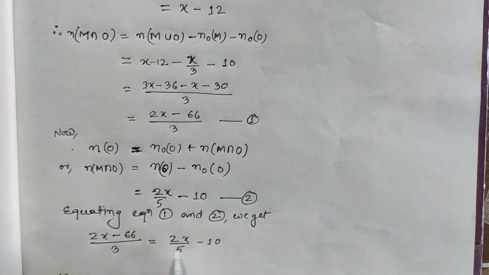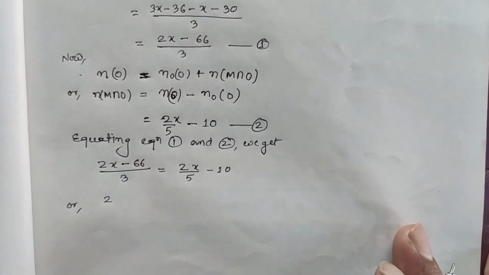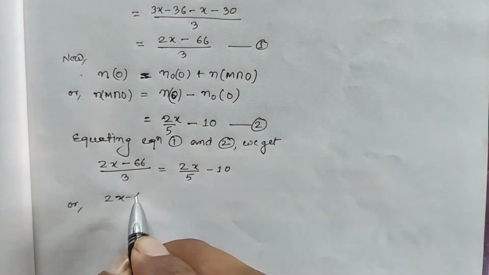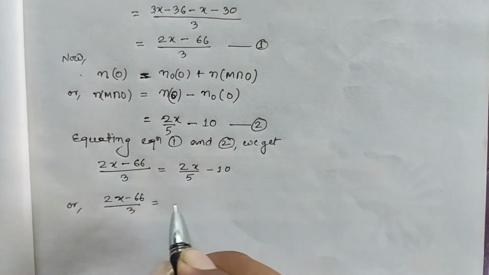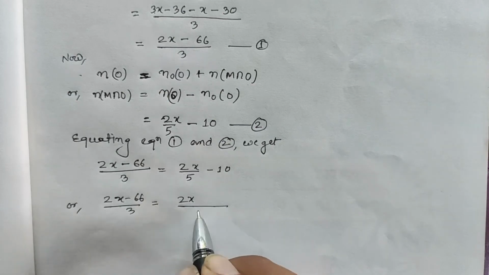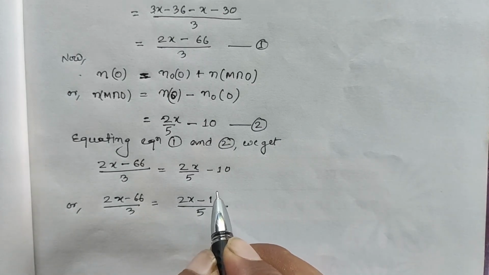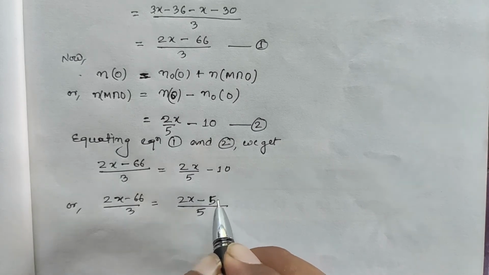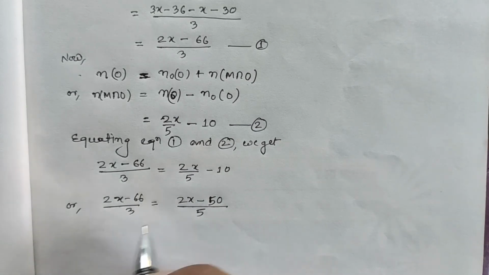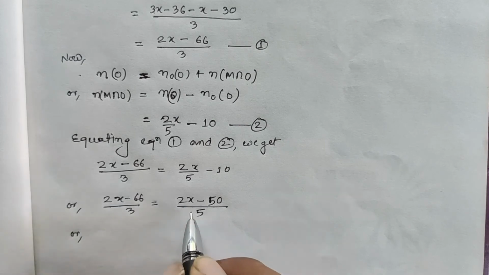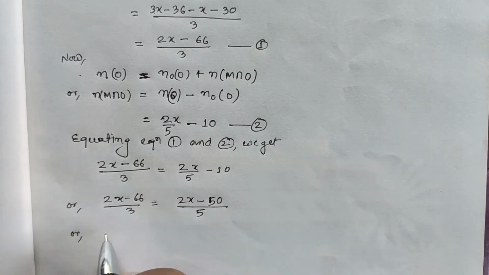Or we can take the LCM on the right side. So 2x minus 66 upon 3 is equal to 2x minus 10, and if you take the LCM here, 5 times 10 is 50. Now cross multiply, 5 multiplied here and 3 multiplied on the right side.